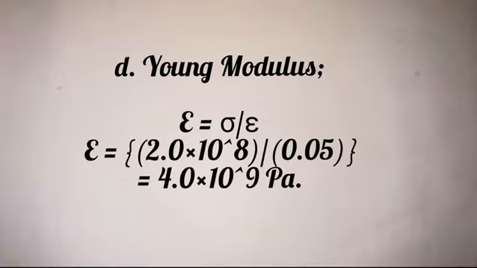And then lastly, number D, the Young's modulus E is expressed as the stress over the strain, and therefore we take 2.0 times 10 to the power 8 and divide by the strain we obtained in C, which is 0.05. 2.0 times 10 to the power 8 divided by 0.05 is equivalent to 4.0 times 10 to the power 9 pascals.